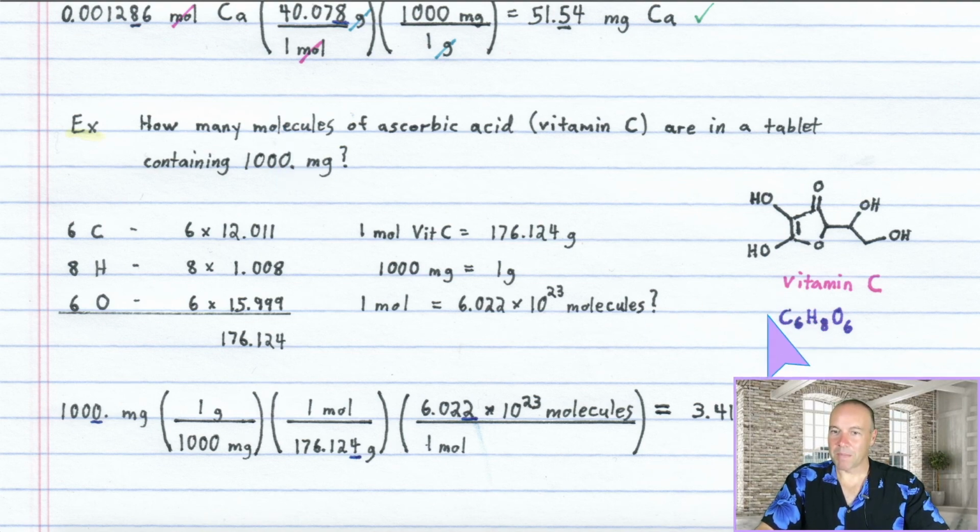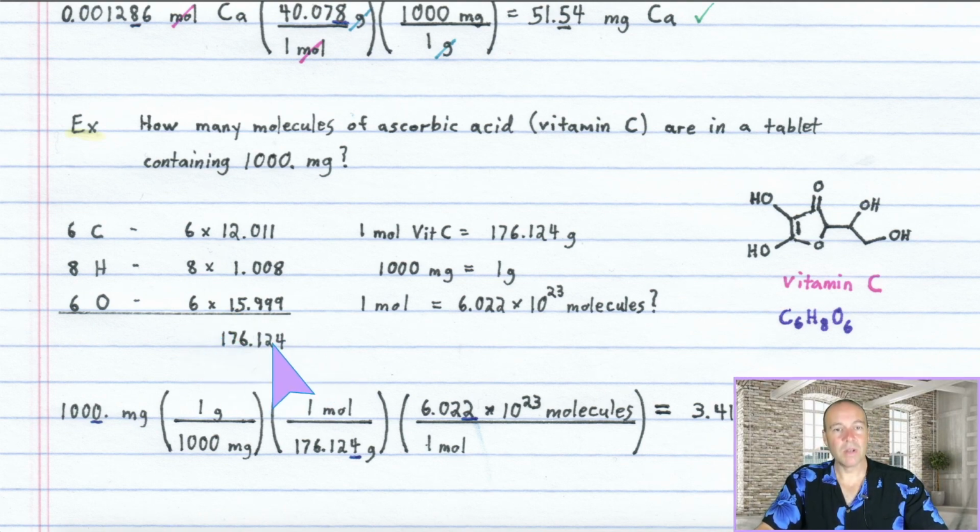Looking up the atomic mass of carbon, hydrogen, and oxygen, there they are, 12.011, 1.008, and 15.999. Okay, you got 6 carbons, so that's 6 times that, and then 8 hydrogens, and 6 oxygens, and then multiplying them, and then adding it all up, you get 176.124.